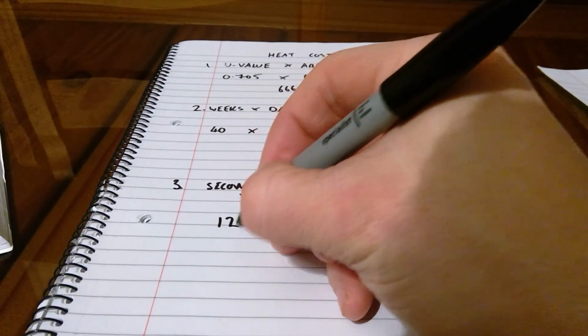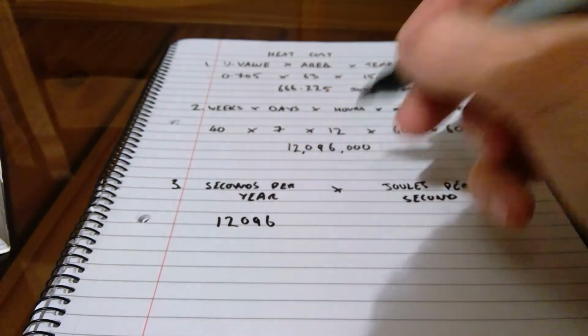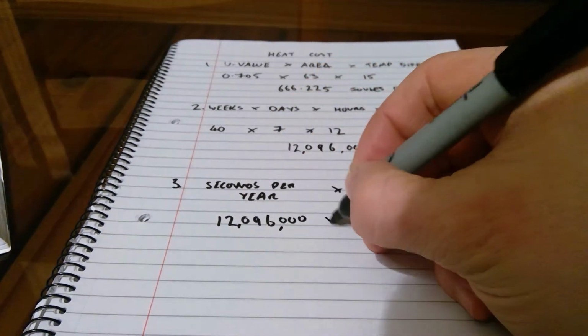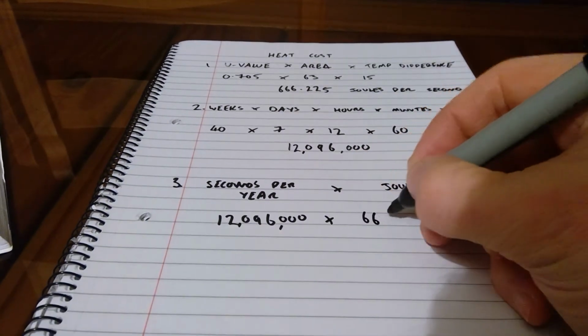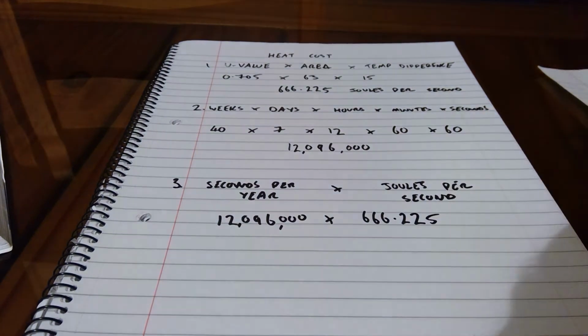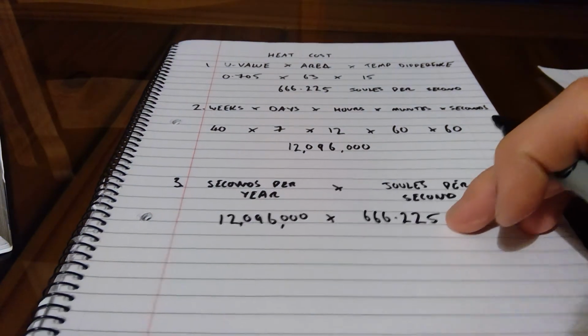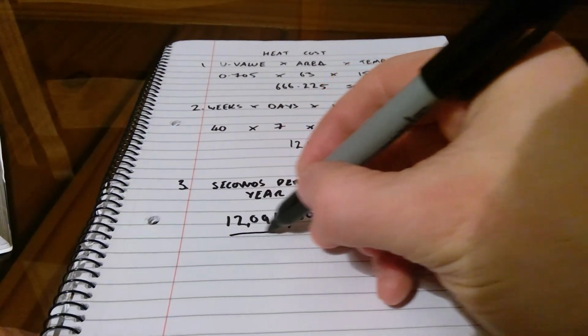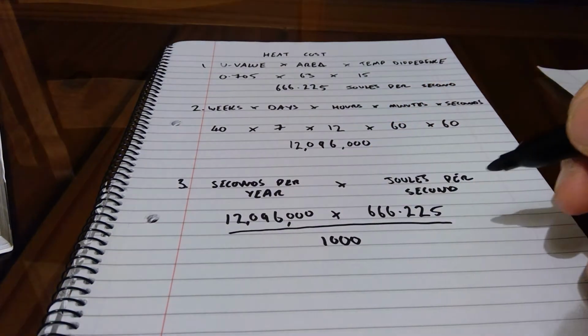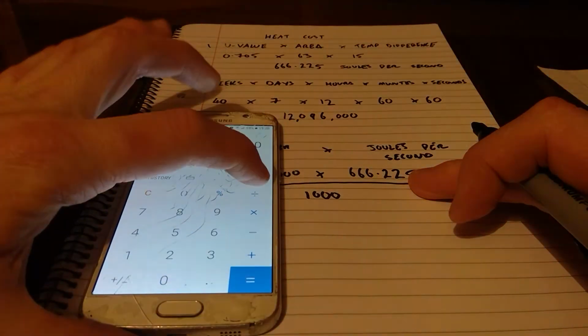So it's 12,096,000 multiplied by 666.225. Now remember, that will give us joules. We must also divide that whole thing by 1,000. So I like to do it one step at a time with that.